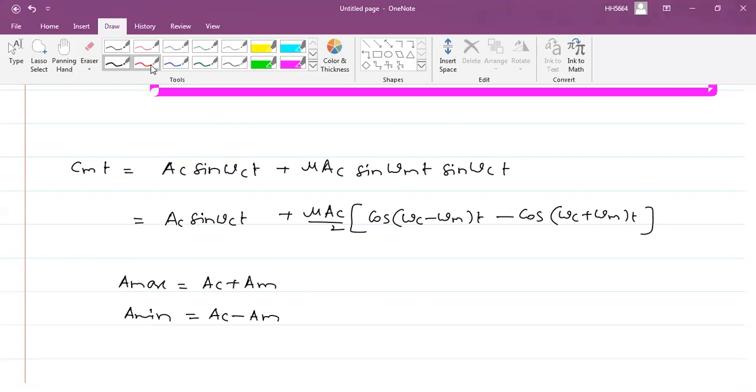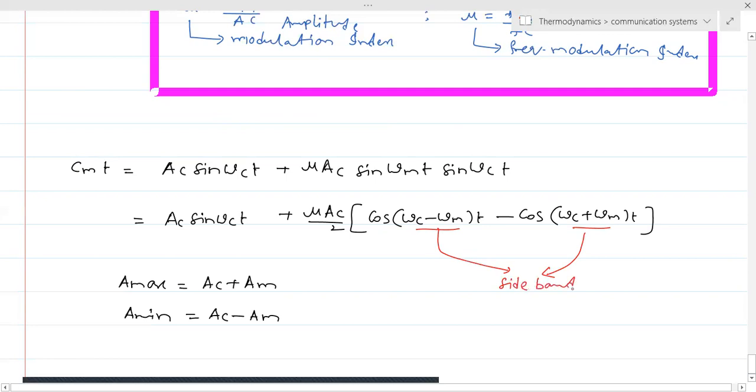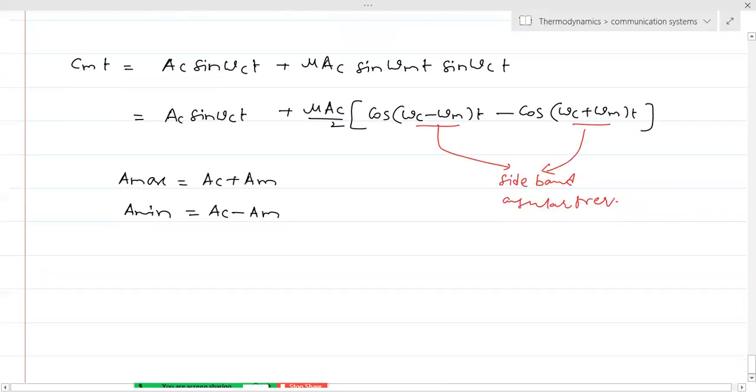And here we have two frequencies, omega C minus omega M, as well as omega C plus omega M. So these are called sideband angular frequencies. These are really very important.